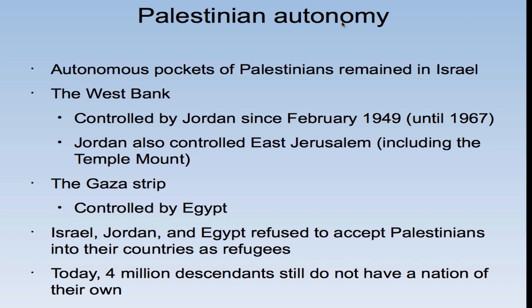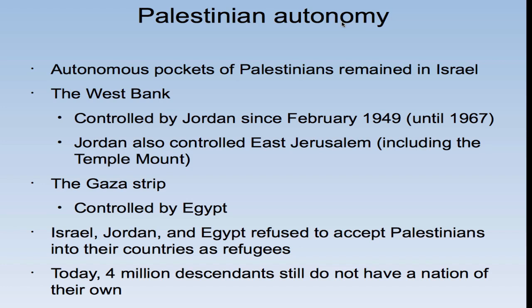None of these three countries accepted Palestinians into their country as refugees, as these nations had their own internal problems and couldn't absorb a few hundred thousand individuals. The Palestinians were left in a legal limbo status, and today the descendants of those original Palestinians number 4 million refugees.